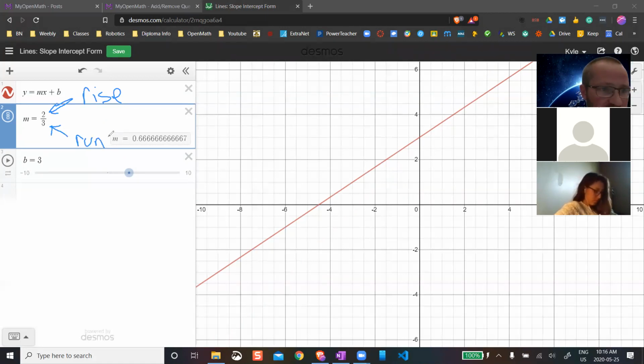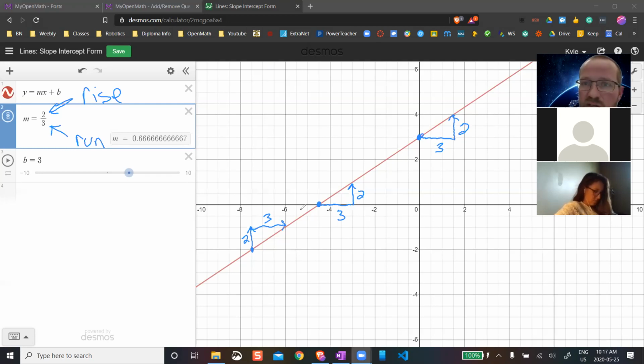So anywhere on this graph, I could start there and go over 3, and then I have a rise of 2. It doesn't matter where I do that, I'm always going to have the same case. So over 3, up 2. Or you can do it either way. I could say up 2, over 3. It doesn't matter how you do it. The triangle could be above or on the bottom there of the graph, right?